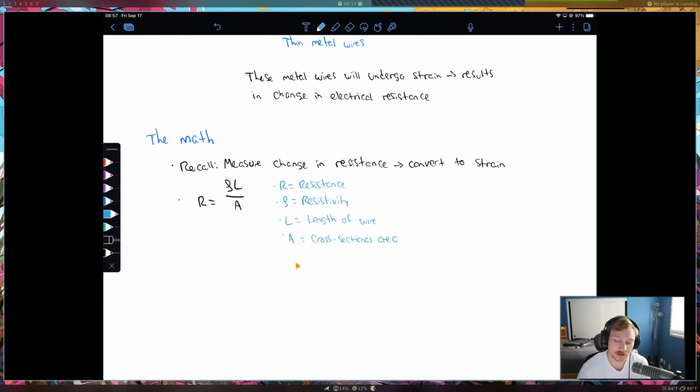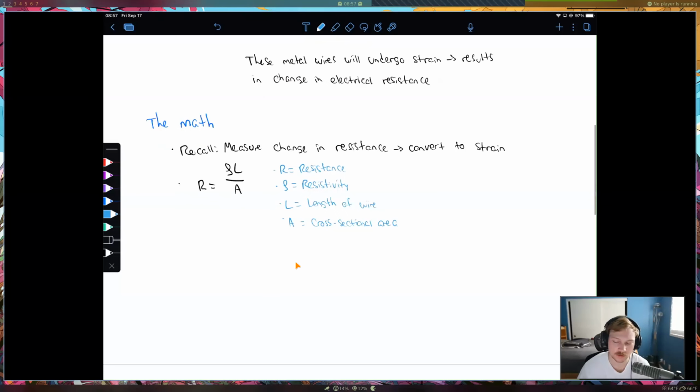So if there's low resistivity for a material, then electric current is going to be easily conducted through that material.